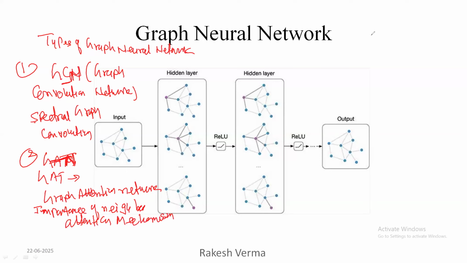And the third category is considered as the graph isomorphic network.